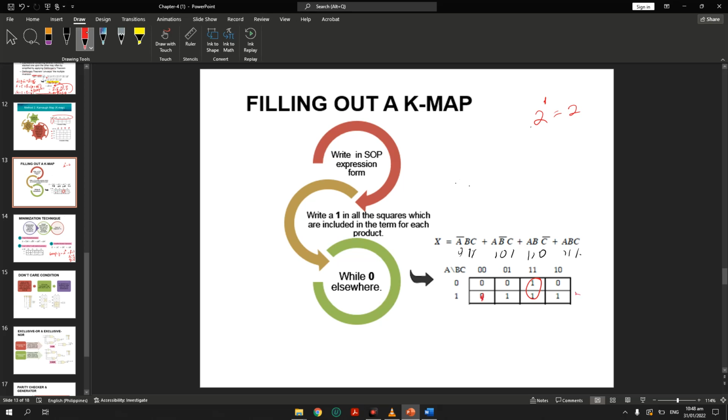But since this is 0, we cannot group these 3 because we are allowed to group only 2, only 4, and only 8s, and of course 2 raised to 0, one term.